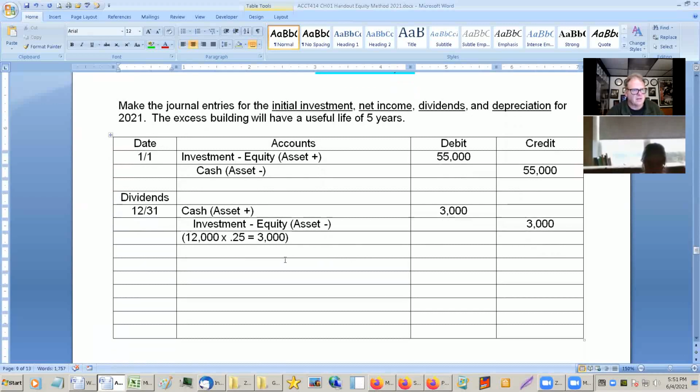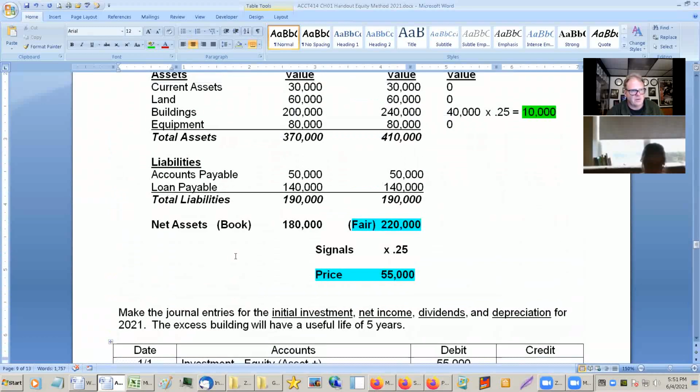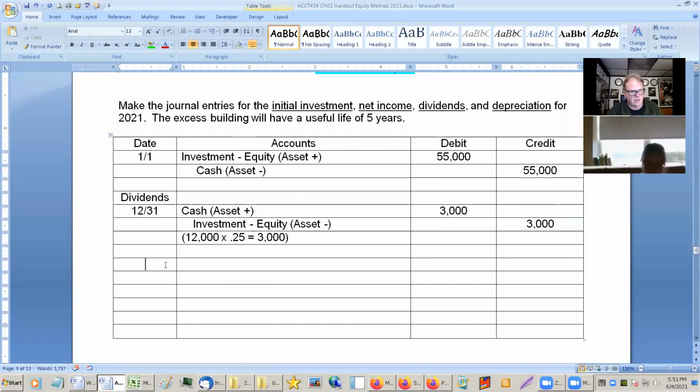Okay, the income, 3,000. All right, and this is the kind of weird one in that it's going to increase our investment and increase our income.